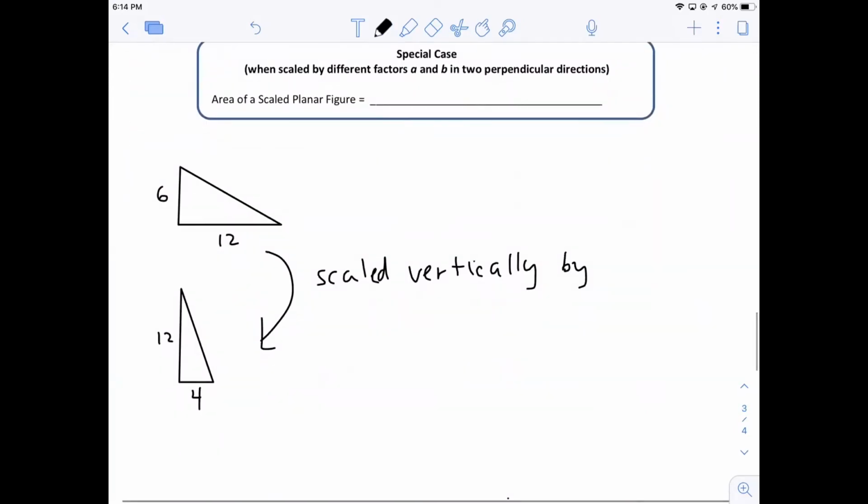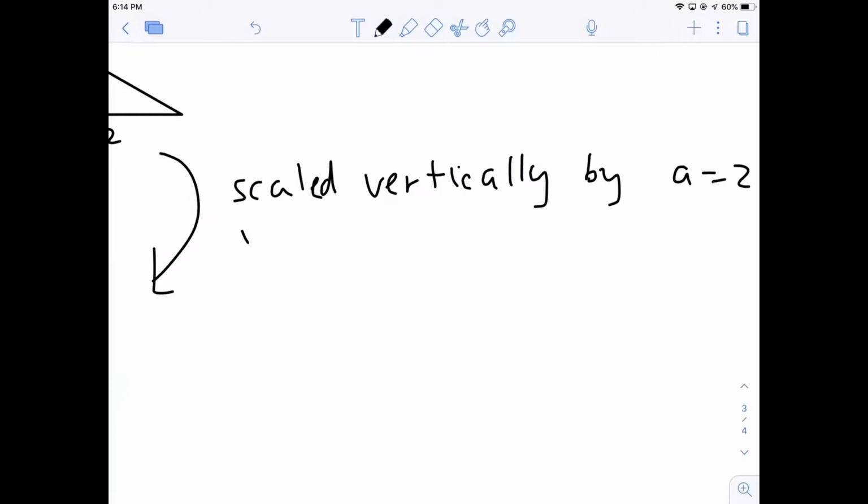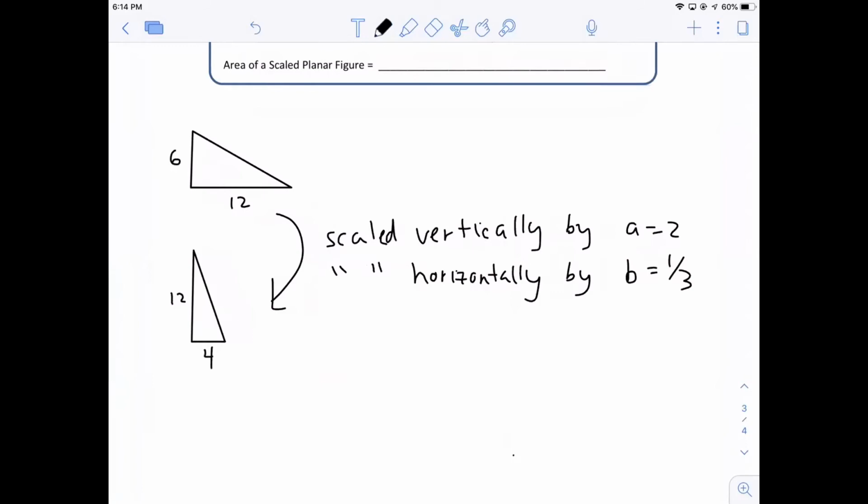So let's call this a scale factor of A. Scaled vertically by A equals 2, and then we scaled horizontally by a scale factor of B equals 1/3. And this is what happens when we do that.